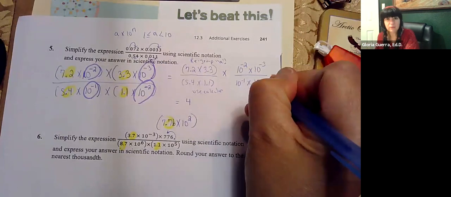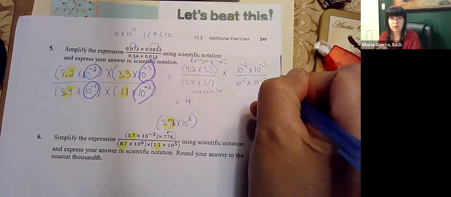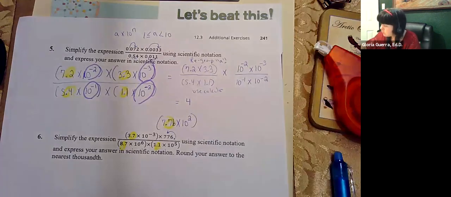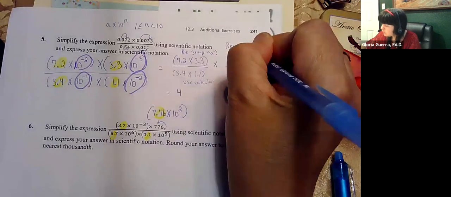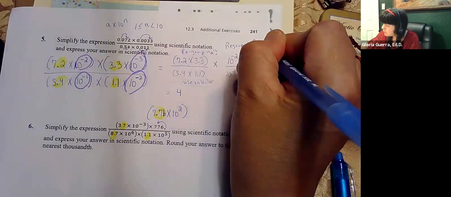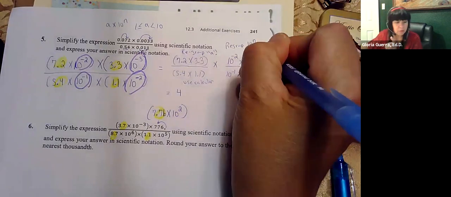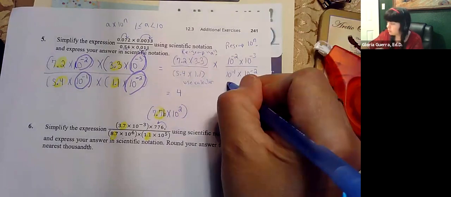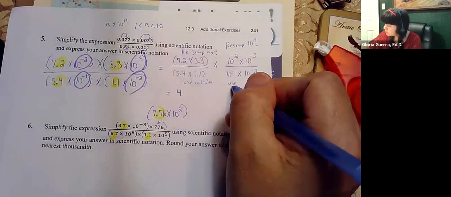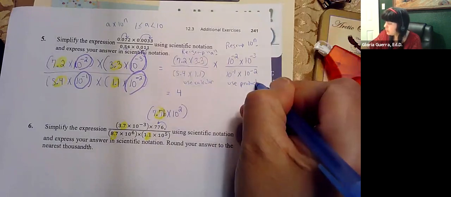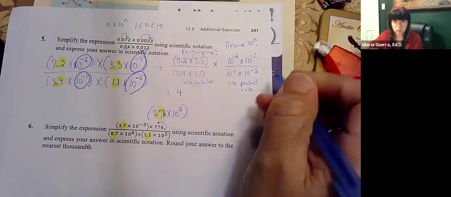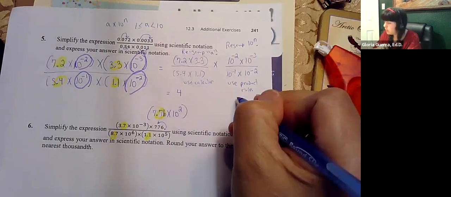I don't have to put parentheses on those because I'm not going to use the calculator on that. So I'm regrouping our 10 to the n, and I'm going to use the product rule first, and then the quotient rule.